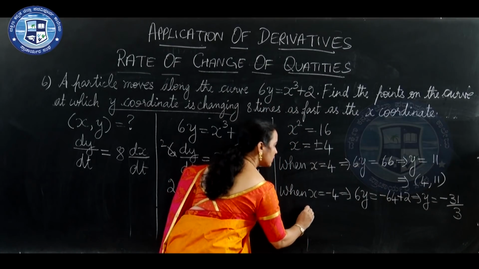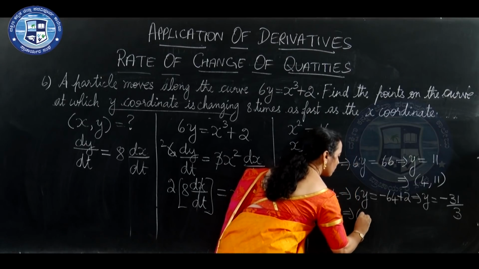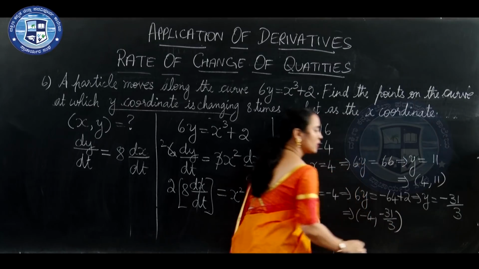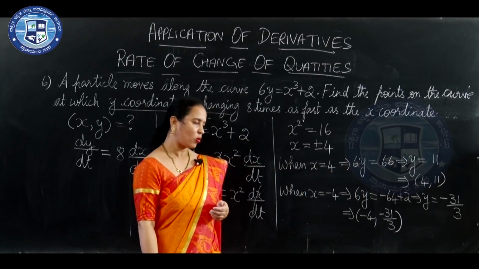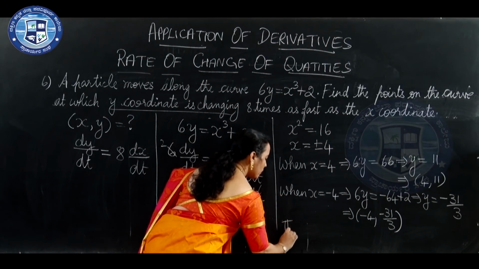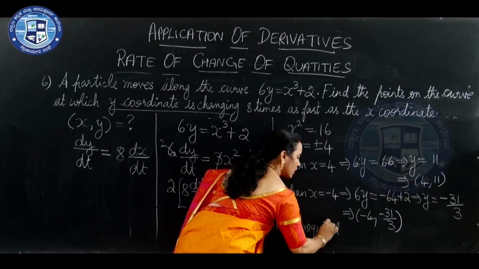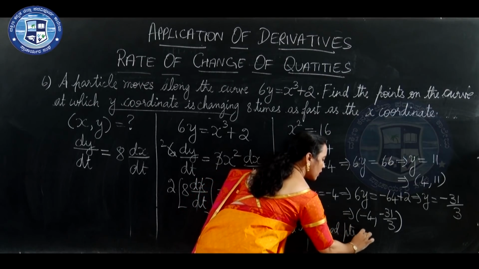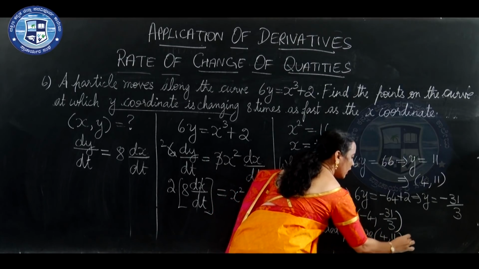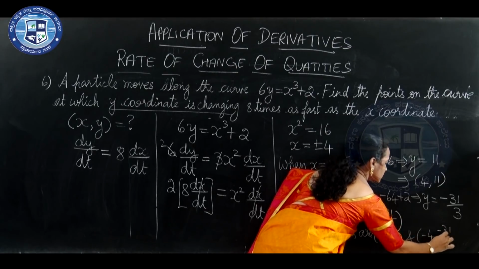Therefore, the point is minus 4, minus 31 by 3. You will conclude it saying the required points are 4, 11 and minus 4, minus 31 by 3.